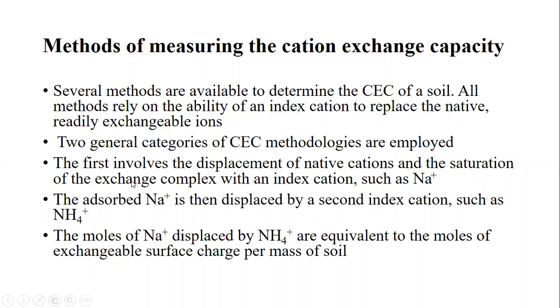That includes silicate clays and humus. So we choose an ion to replace all these native cations, an example is sodium. Then the adsorbed sodium is displaced by a second index cation, such as ammonium.